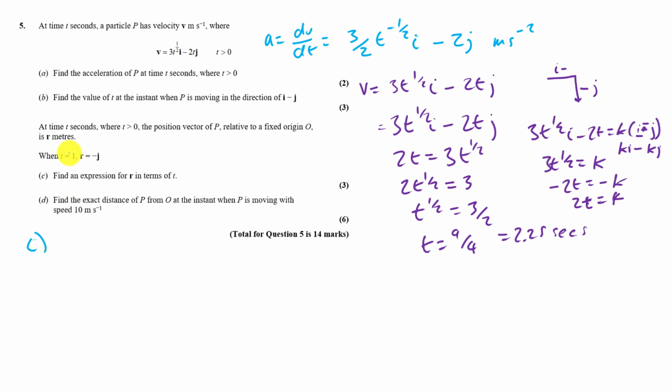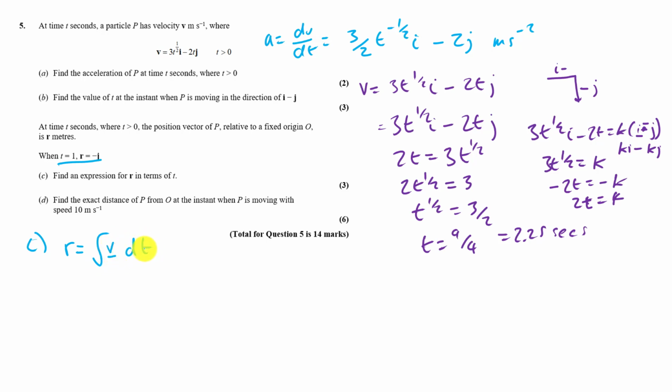It says when t equals 1, r equals minus j, find an expression for r in terms of t. So what do we need to do? Differentiate? Oh wait, no, we need to integrate. There you go, that's very important, we can't mess that up. Brilliant work. So that's v with respect to dt.